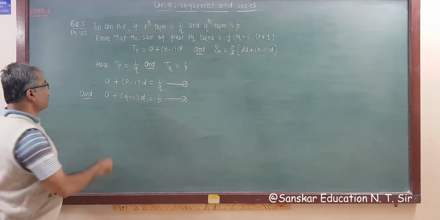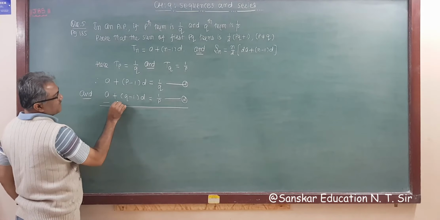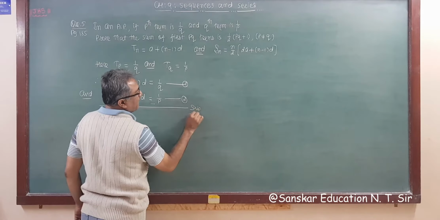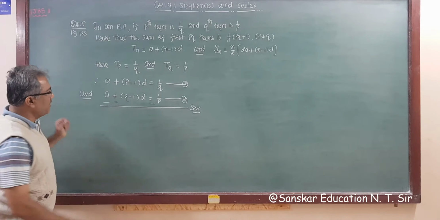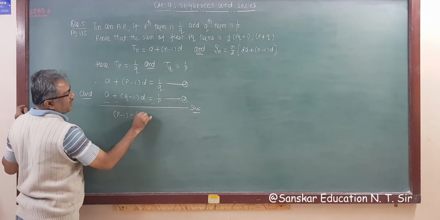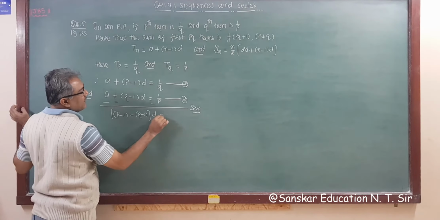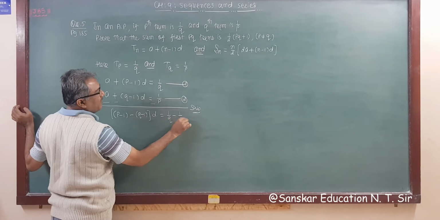Now our target is to find out the value of a and d, first term and common difference. So subtracting, a minus a will cancel, d is common, so the remaining term will be (p minus 1 minus q minus 1) into d is equal to 1 upon q minus 1 upon p.